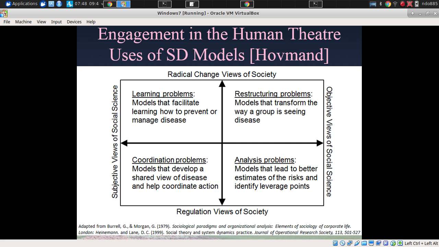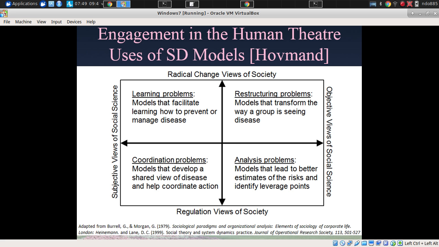But suffice it to say, within system dynamics, you will find people who have very different goals and who have very different perspectives. And the two that are articulated here, this from Peter Hoffman, who adapted it from David Lane, both of them extraordinarily thoughtful system dynamicists and accomplished practitioners. And it highlights the fact that some system dynamics models are undertaken with more of a goal towards sort of tweaking a system and evolving and regulating it in a quantitative way, and others aspire to radical change, totally rethinking how we do things.